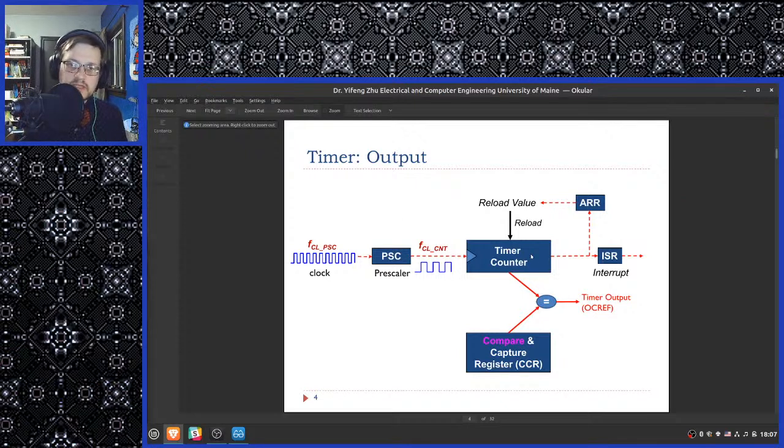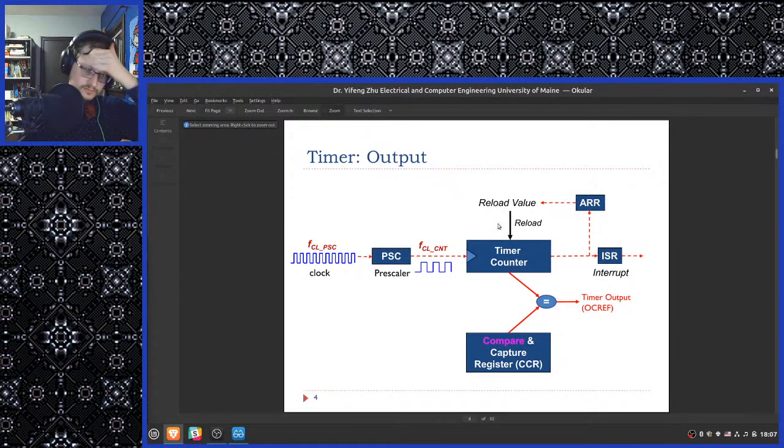The other thing to keep in mind is the timer counter has a register inside of it of a fixed size. Since this is a 32-bit architecture, it would be safe to assume that it contains a 32-bit register.